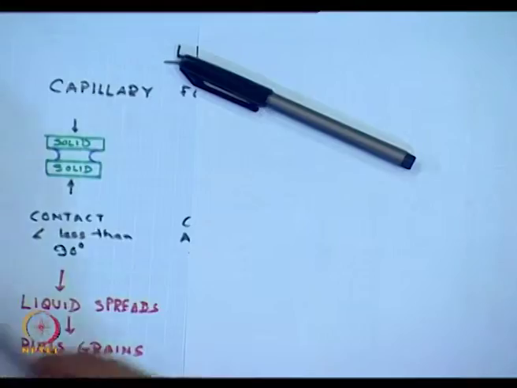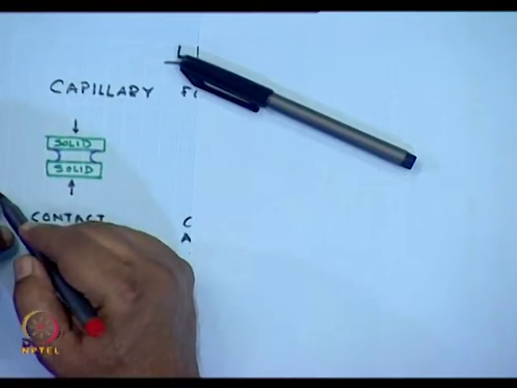So, all of you, if you wet your hands and just pull them apart a bit, you will see there is a small capillary generated between the fingers, because the water has wetted my fingers, and as I try to pull them apart, I will see a liquid film forming between the two fingers, which is exactly what I have shown over here.